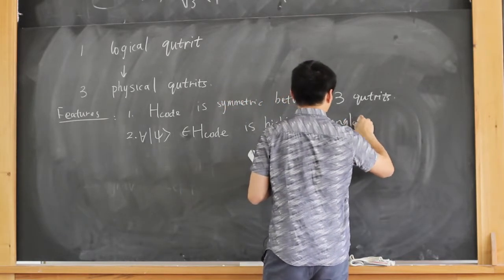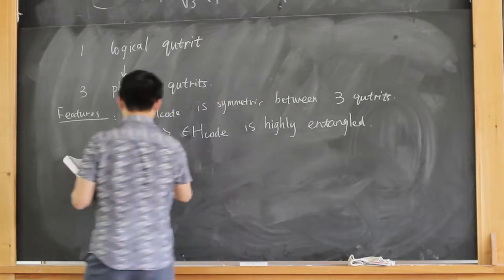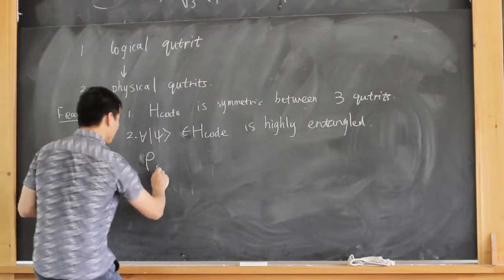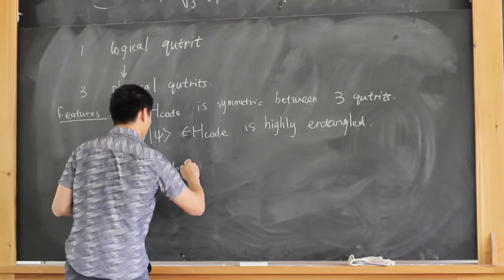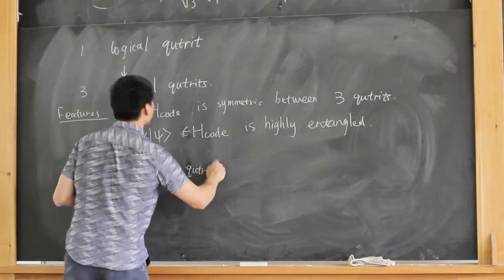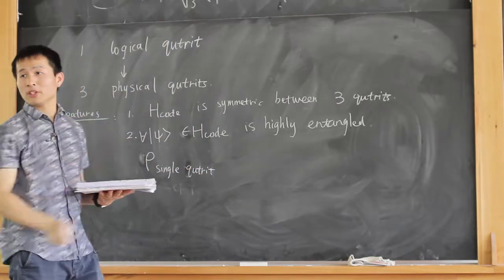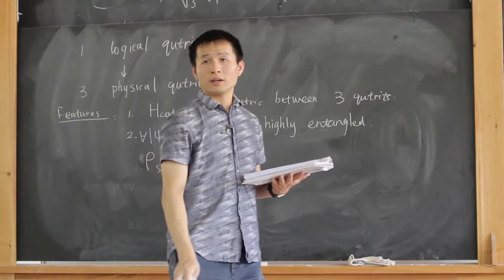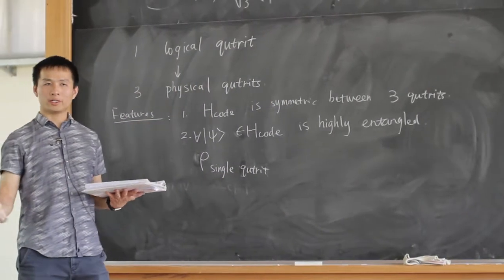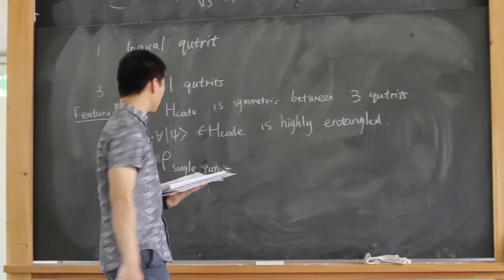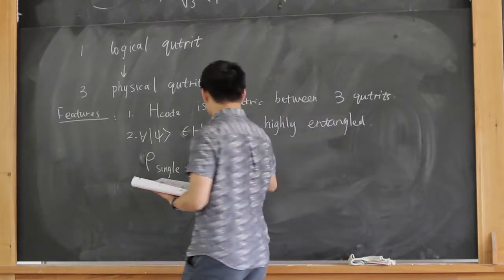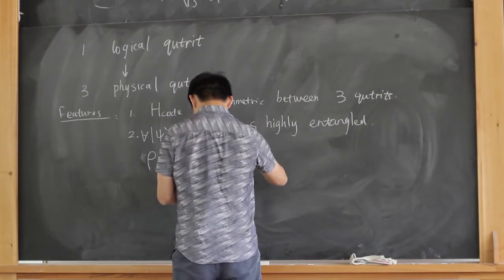To see that it's highly entangled, we can look at the density matrix on any one qubit. So if we take any of the states, including any superposition of the states that we wrote down, and trace out 2 of the 3 qubits, doesn't depend on which 2, you can choose any 2, we will find the density matrix for the remaining qubit, and it's always maximally mixed.